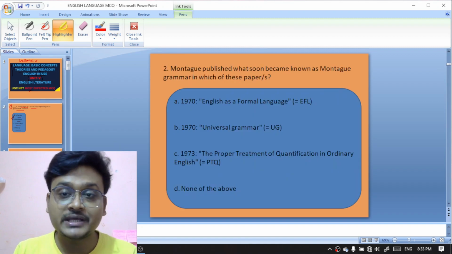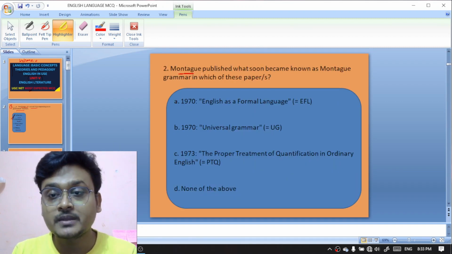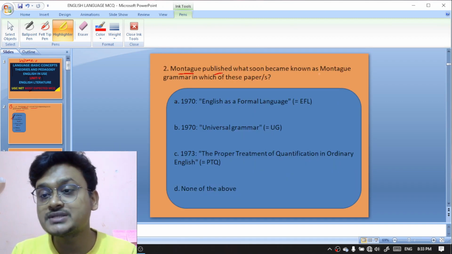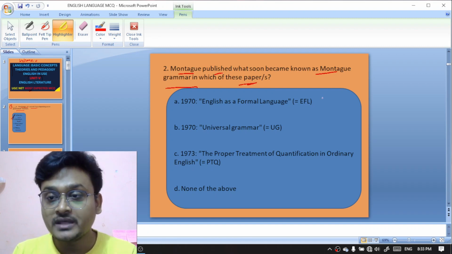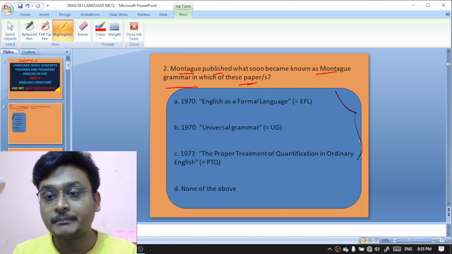Okay, moving to the next question. Montague published what soon became known as Montague grammar in which of these papers? These three are papers of his.